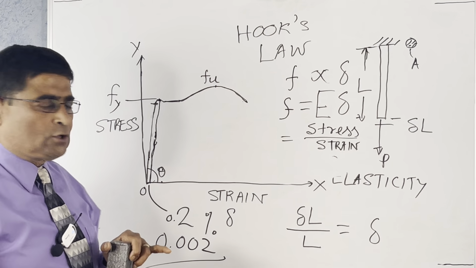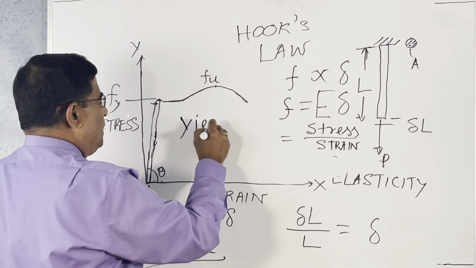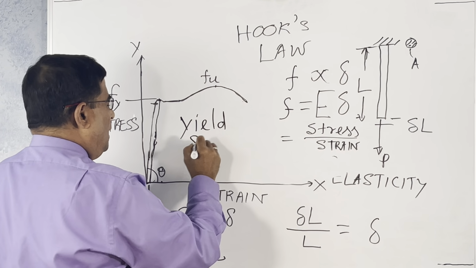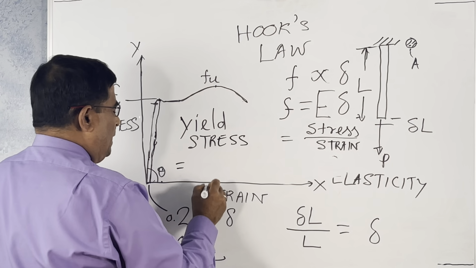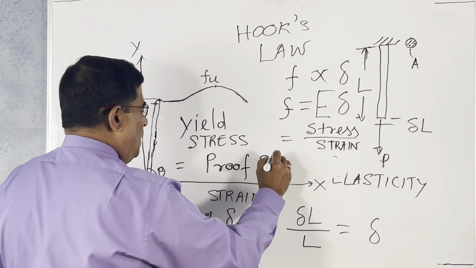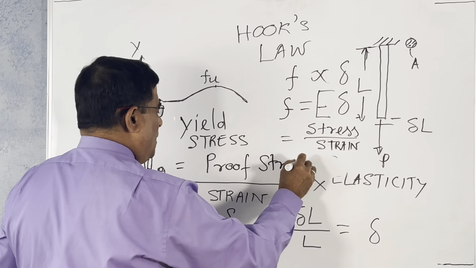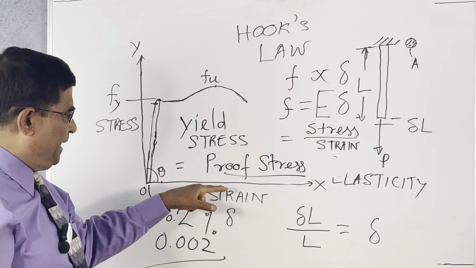In industry, it is also called proof stress. Proof stress is the stress at 0.002 strain.